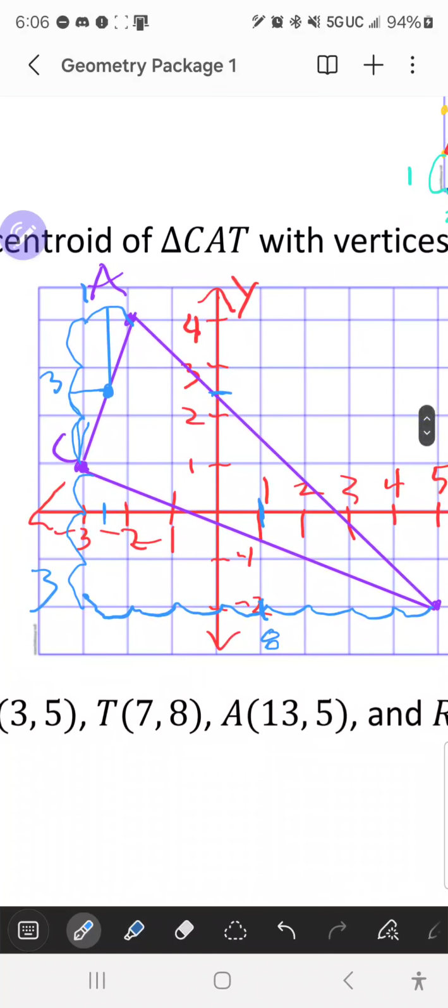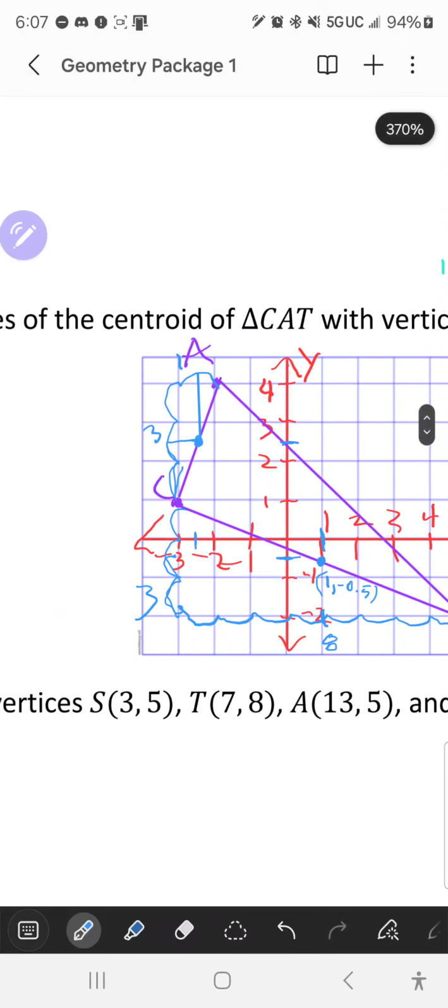Now the middle point of 3 is 1.5, so the coordinate is negative 0.5. So the middle point will be here at 1 comma negative 0.5. But if you don't understand, let me know.